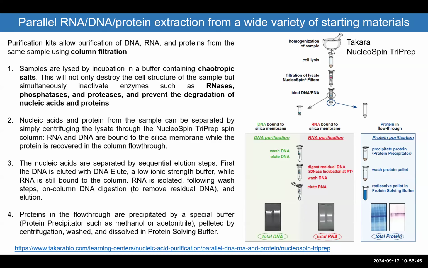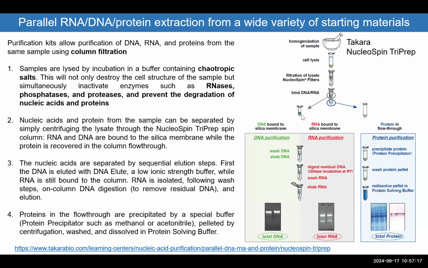Now, if you pass it through the column, the way it works, DNA and RNA would bind, and that's mostly because of the guanidinium hydrochloride, while the protein will pass through the column. And now automatically you have two parts. The flow through contains the proteins, while the column contains DNA and RNA attached to the silica.